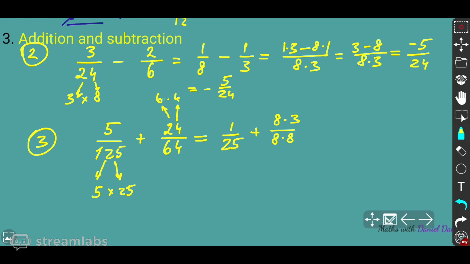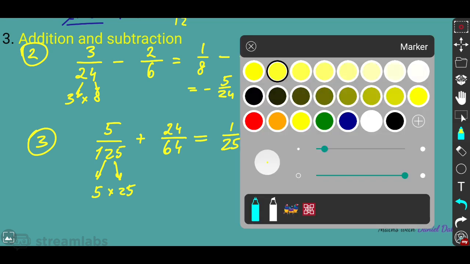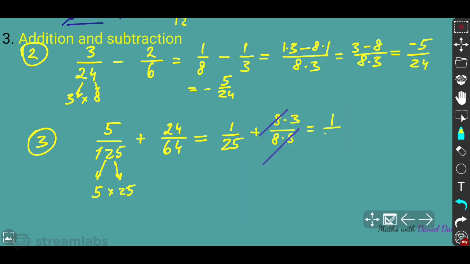So that's why instead of 6 and 4, I would use 8 and 3. So simply I would like to have 8 times 3 over 8 times 8. And now it's right time for canceling. Now 1 over 25 plus the rest part is 3 over 8. And that's why you did it absolutely correct.